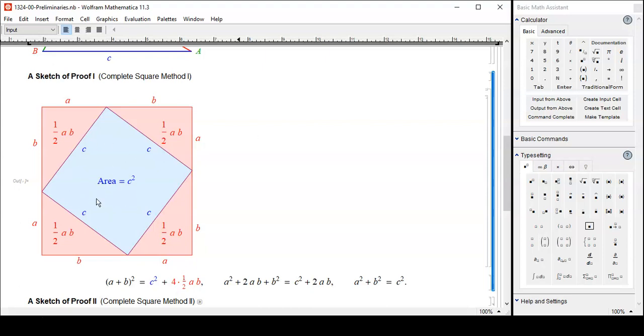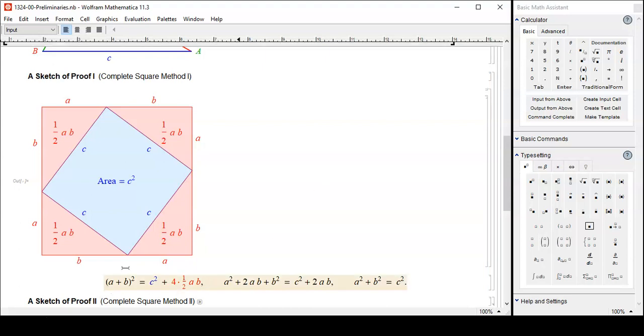So this smaller square highlighted in blue, the c squared, plus 4 times the area of the original right triangle, 1/2 ab, 1/2 of horizontal times height, should be equal to the area of the big square, a plus b total quantity squared. That's what we have here.